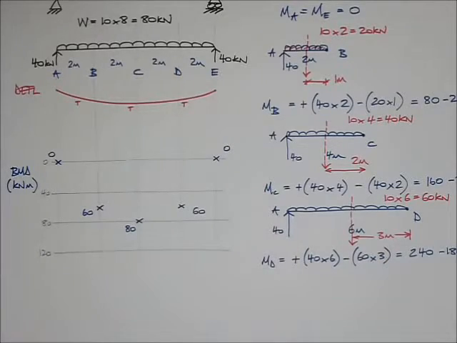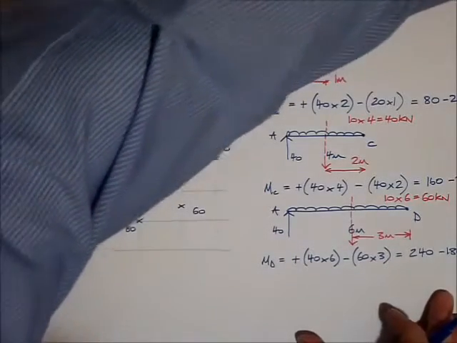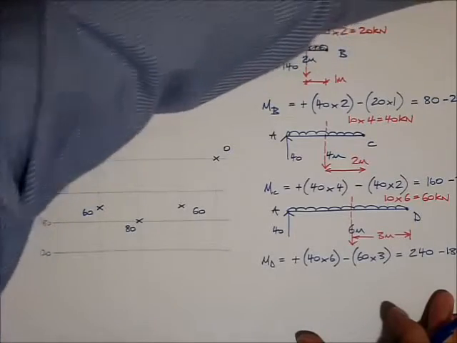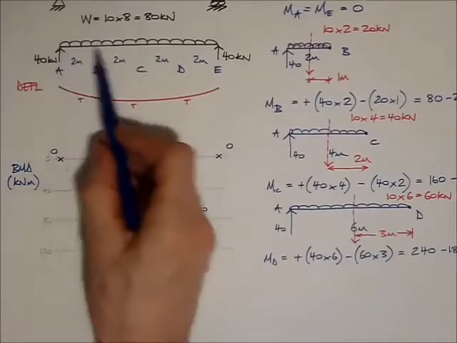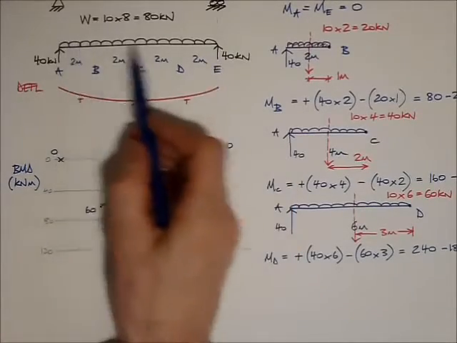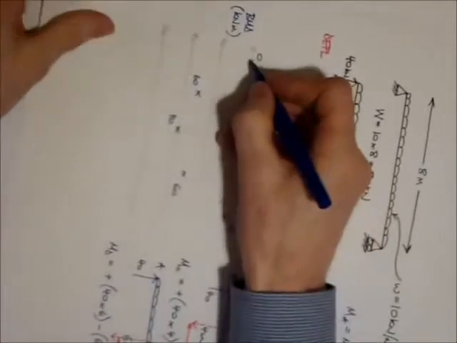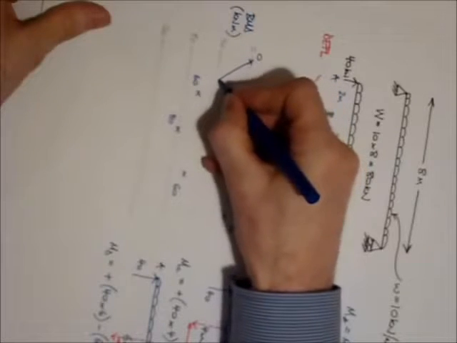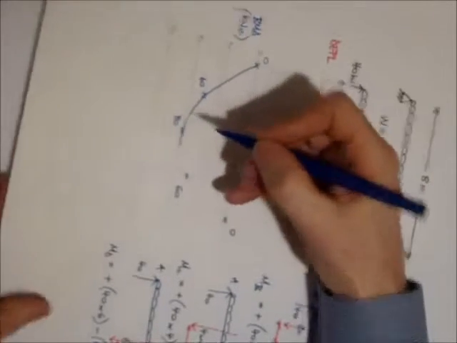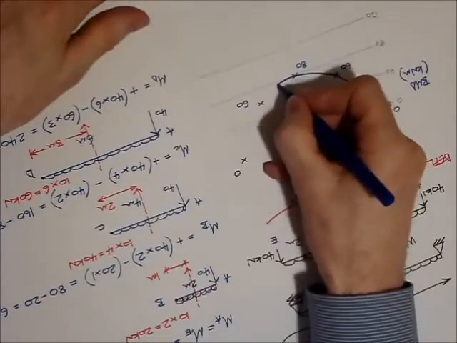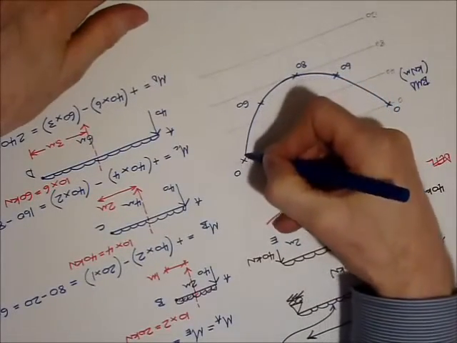Now I'm going to do my best by turning this around to draw a smooth curve joining up these points, and it's going to be a curve because I've got a UDL along the length of the beam. So here's my curve, my best attempt at a curve. Not bad so far. There you go.